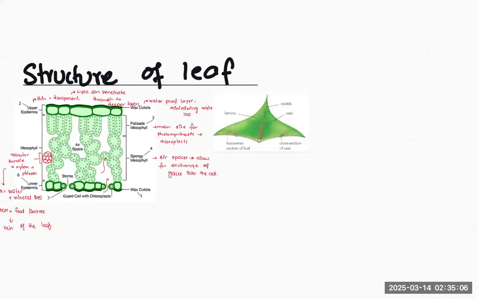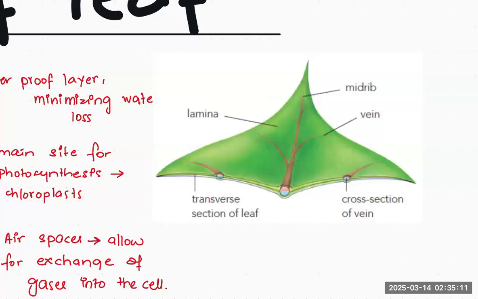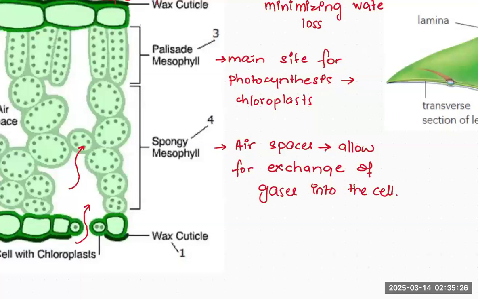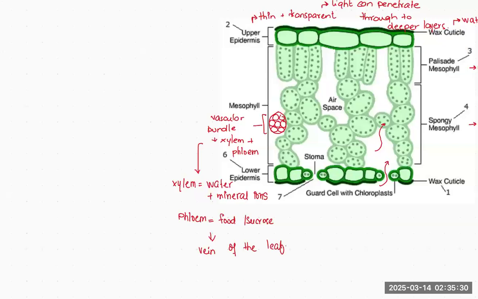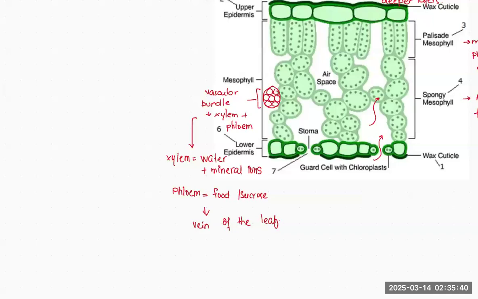So this is how a leaf looks, right? This central part is the midrib, and then you have a lot of veins coming out of the leaf, right? All of this is the vascular bundle. The vein, the midrib, all of this is the vascular bundle. When you look at a leaf and you see that rib in the middle and all the branches coming out of it, that is the vein of the leaf. That is the xylem and the phloem vessels, which is your vascular bundle.